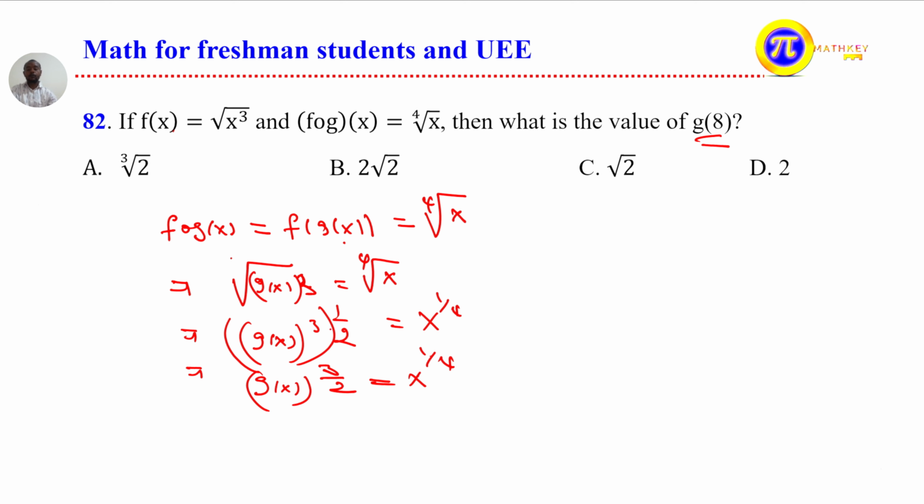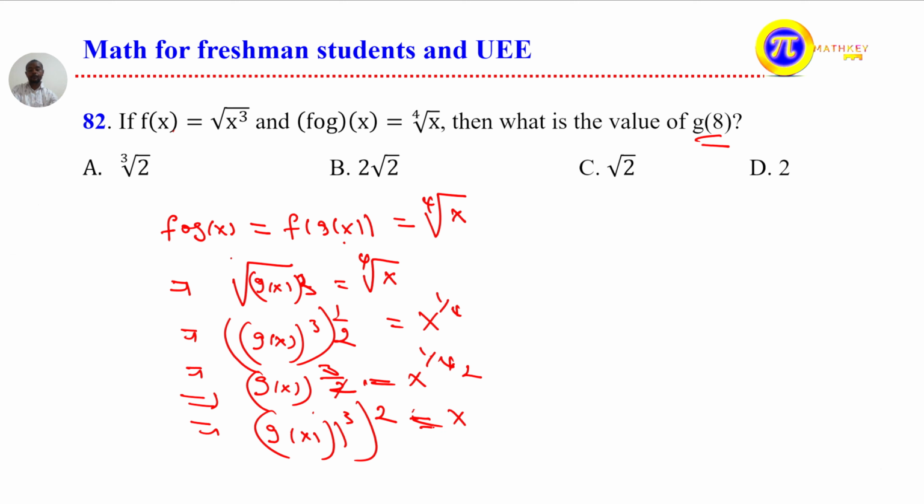So to avoid this square root as well as the cube root, we multiply both sides. Or we may cancel this 2 with 2, that is 1, and this becomes 2. So we can square both sides. This is equal to g of x to the power of 3, the whole to the power of 2, is equal to x.